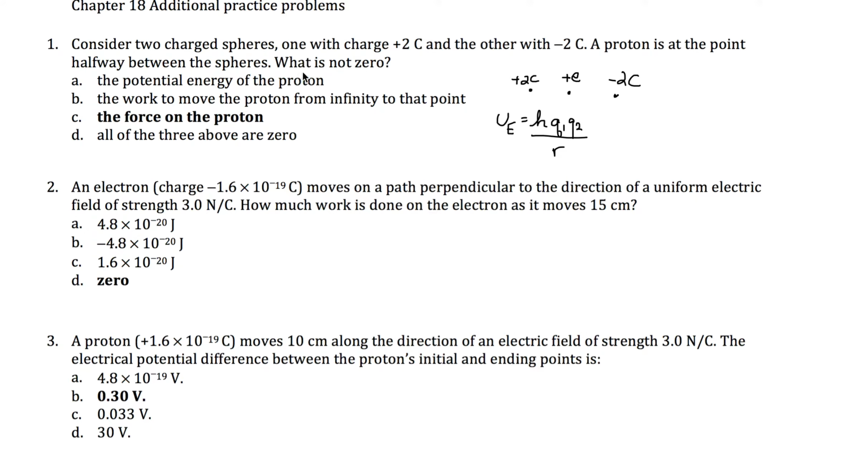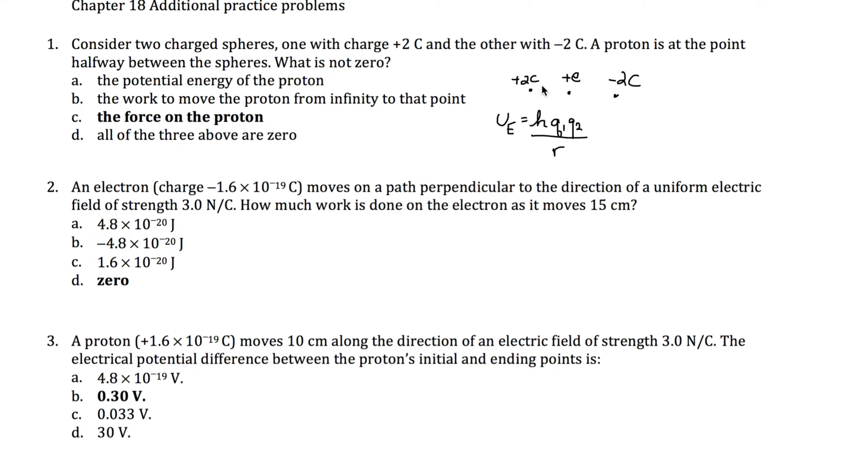So let's look at all of them. The potential energy of the proton. The way that you would calculate the potential energy of this proton is you would add up the potential energy due to each pair. So this proton has energy due to this one, and then it also has energy due to this one.